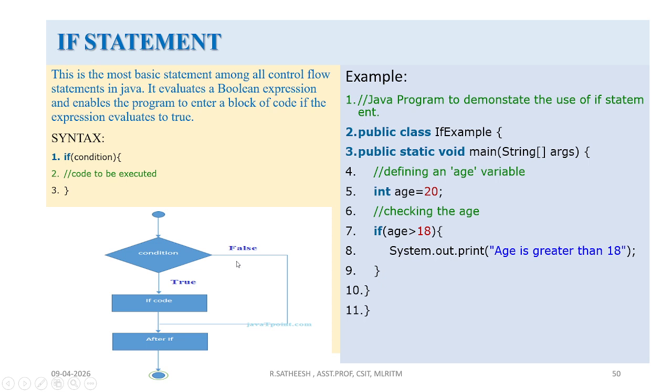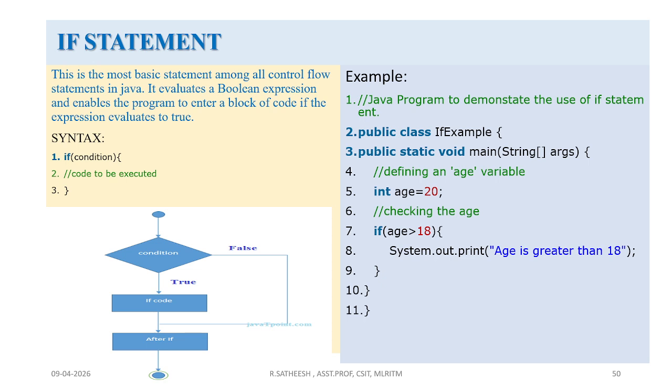Let's consider one program. IfExample is the class name, with the main method. I have taken one variable, age, equal to 20. Now for the condition, I'm using an if condition: if age is greater than 18. Is the condition true or false? It is true, so it executes the System.out.println statement: age is greater than 18.